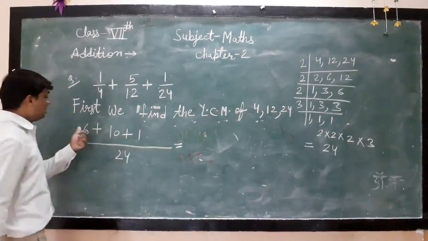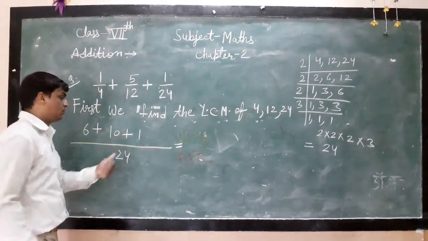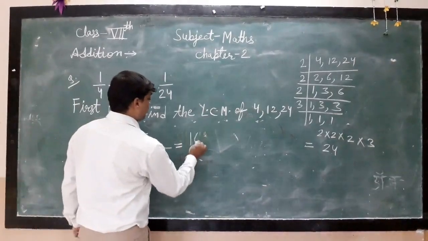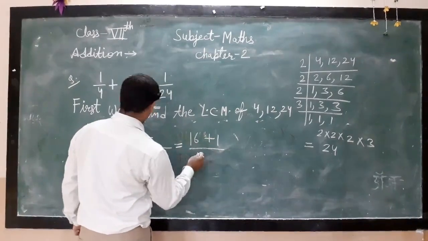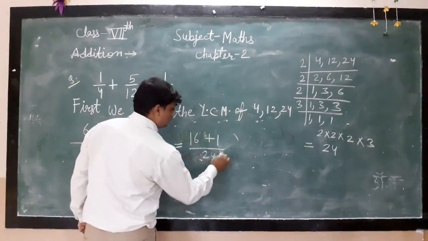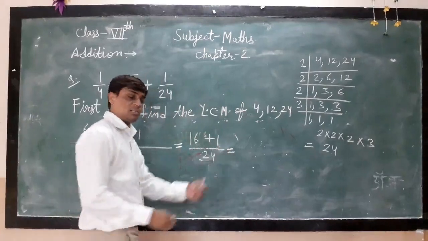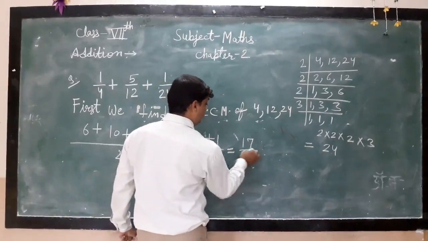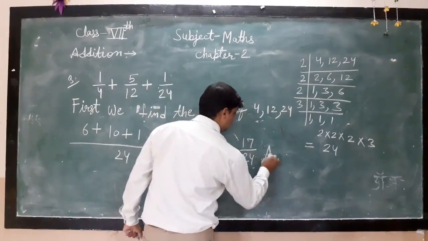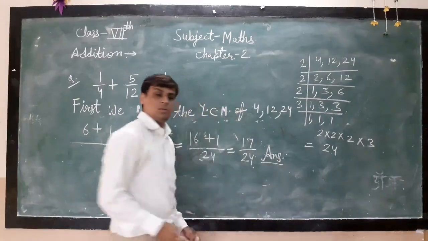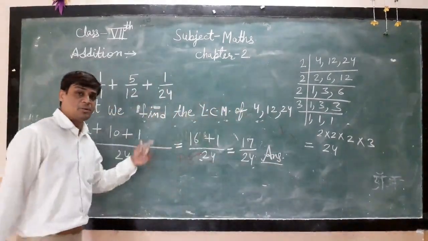Now 6 plus 10 plus 1, 16 plus 1 upon 24 is equal to 17 upon 24. This is the answer. Now again repeat.